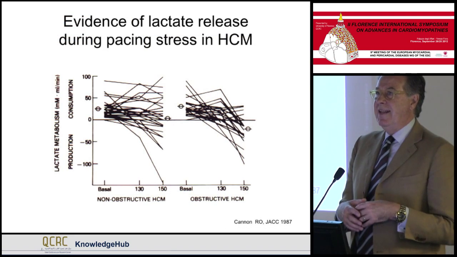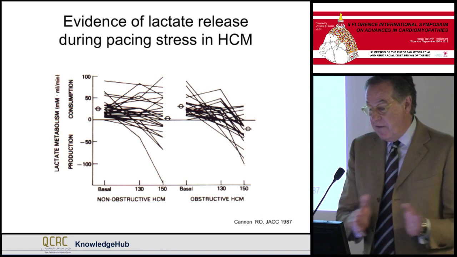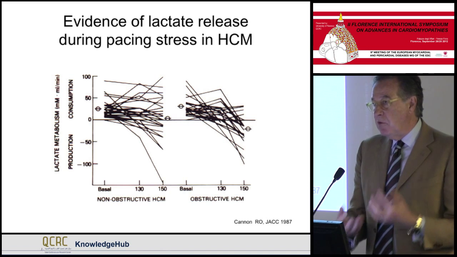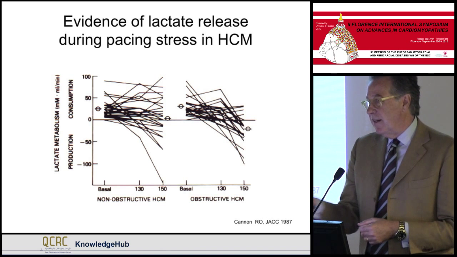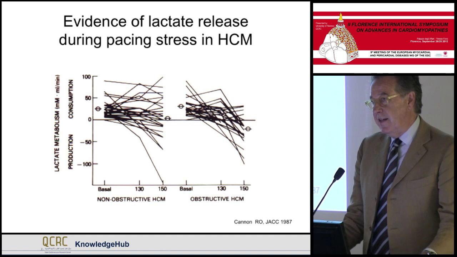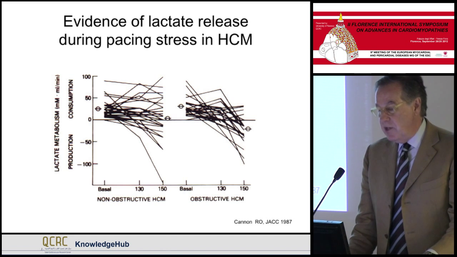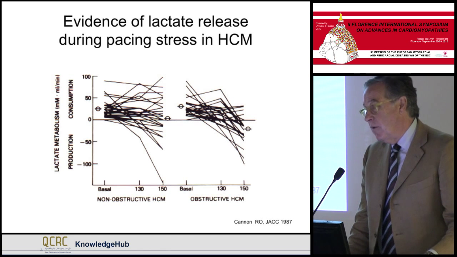Now, does this lead to myocardial ischemia? Yes. So this is a very old study, but one of those solid things we did many years ago when we put catheters in the great cardiac vein, paced the patient, and took blood to measure lactate concentration. So these patients do become lactate producers during pacing.